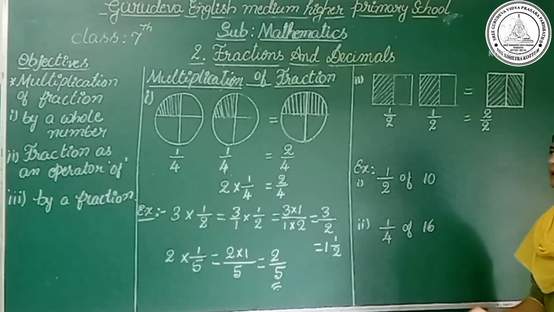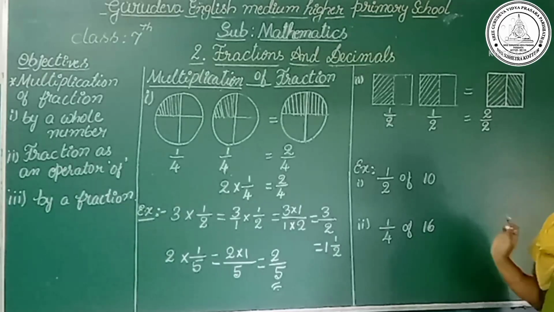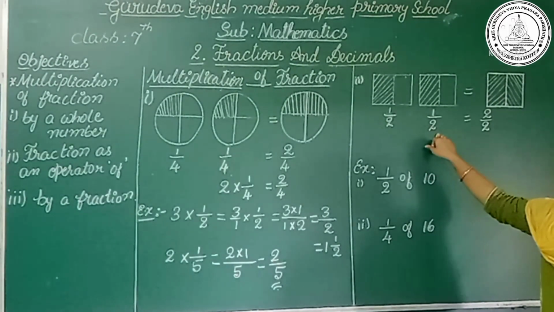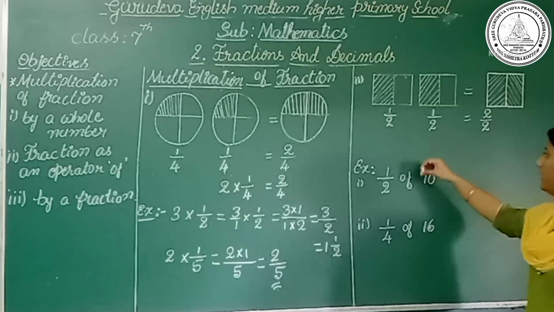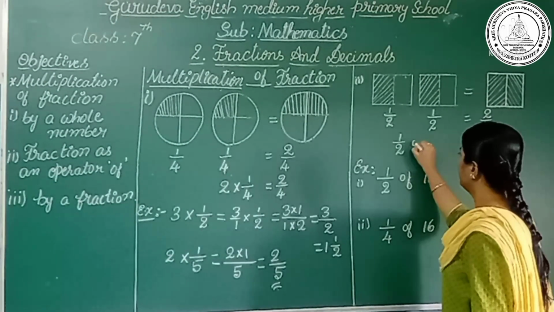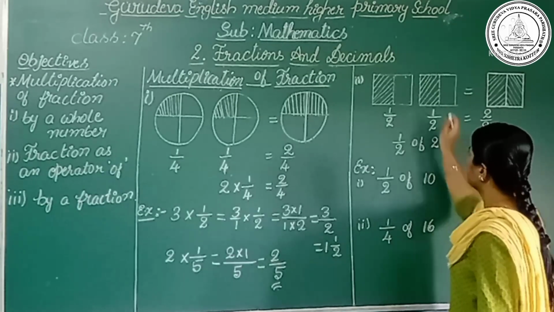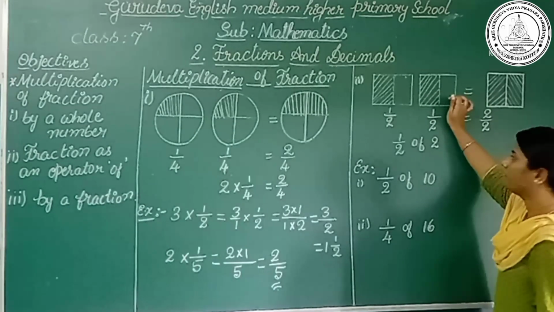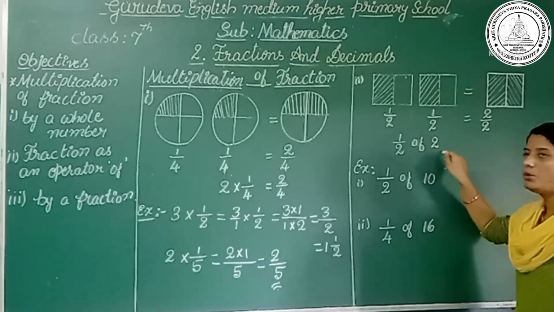Out of 2 parts, all 2 parts are shaded. So how many times half is it? 2 times half. So write it as half of 2. Here the picture is half of 1, and here the picture is half of 1, meaning half of 2 times.